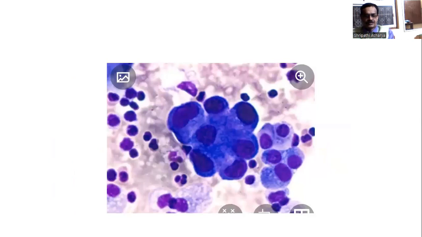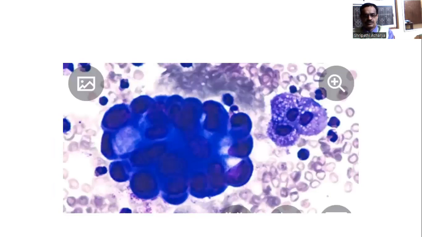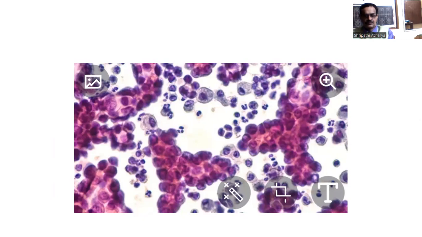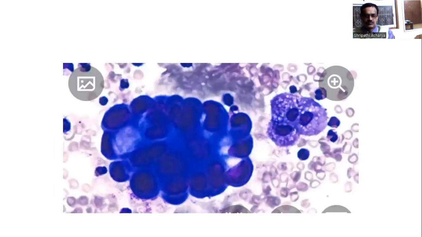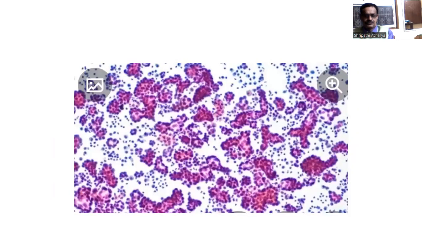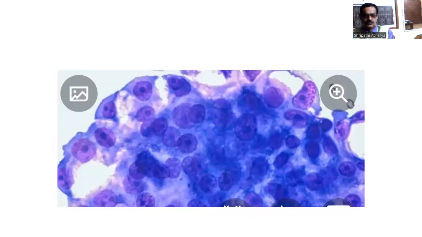So, in the microscopic study, you can see lymphocytes and other inflammatory cells. The blue colored, green colored lymphocytes. Lymphocyte number. If you send the fluid for AFB and culture, if AFB is positive, that is tubercular effusion.